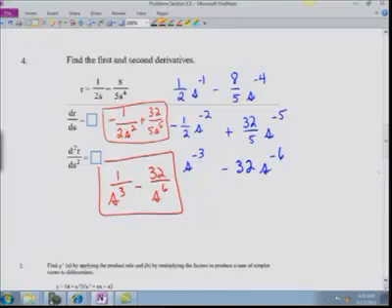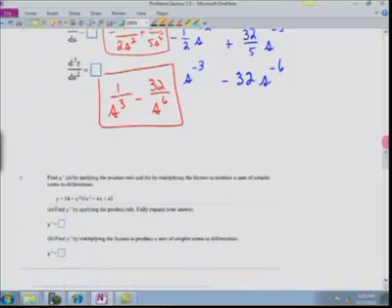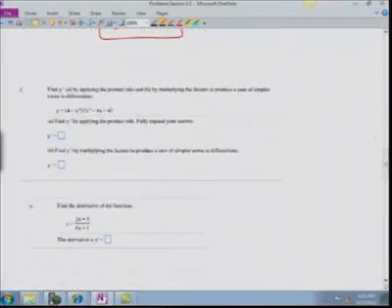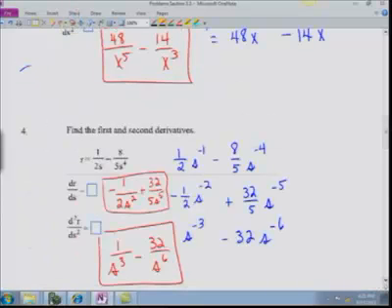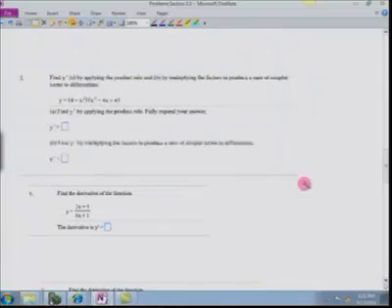Okay, we're ready for a product rule. So give yourself some room on the paper. Make it a little bit bigger. Okay, and big.